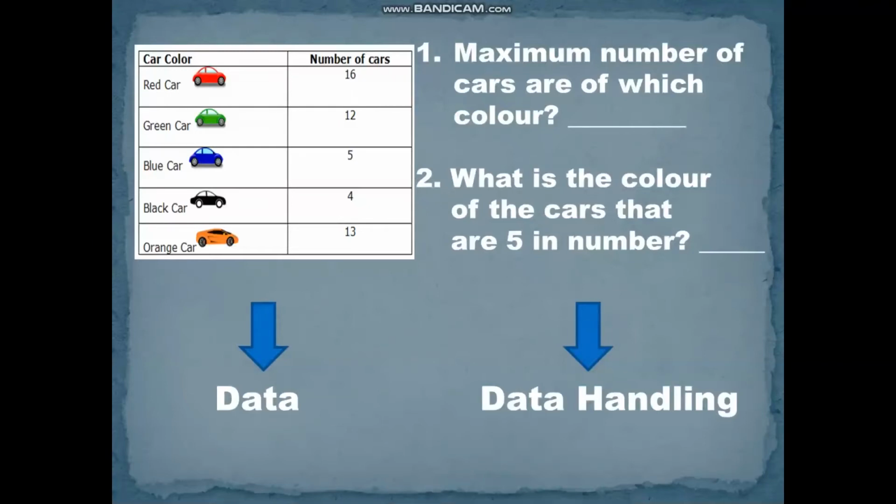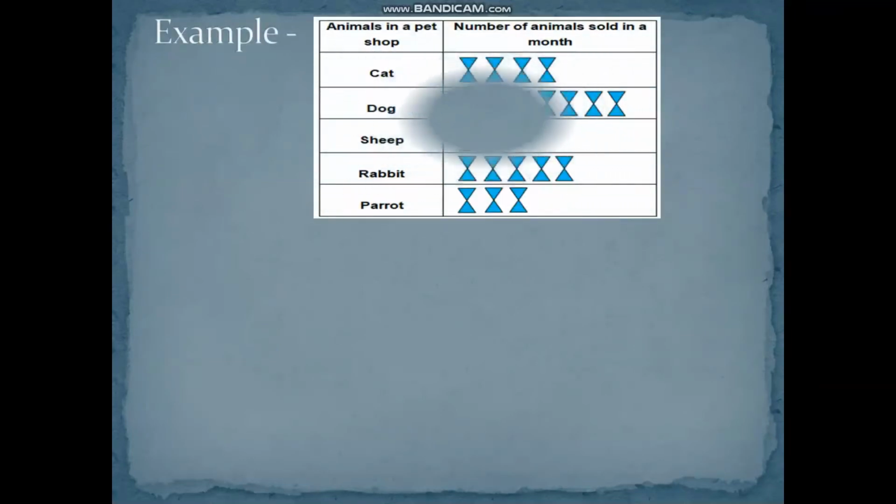Let us understand this by one more example. Here we have one more table, which is showing the number of animals in a pet shop. First of all, the animals that are there in the pet shop, and then the number of animals that were sold in a particular month. We have cat, dog, sheep, rabbit and parrot.